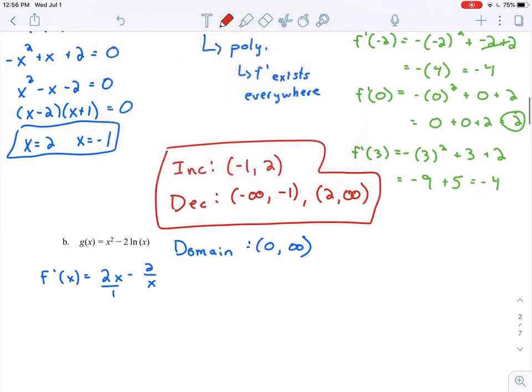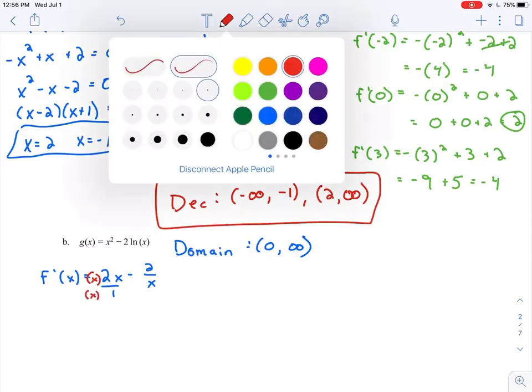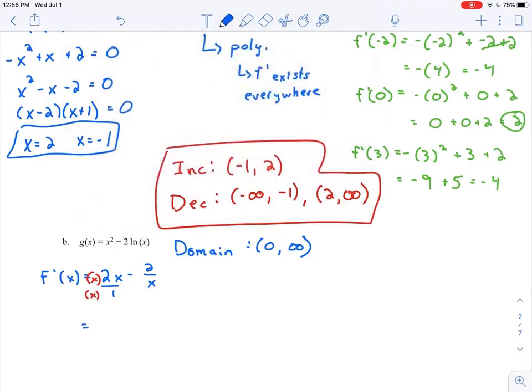I'm going to multiply that left-hand term by x over x. And that'll give me 2x squared over x minus 2 over x, which gives me 2x squared minus 2 divided by x. And I think that this makes the derivative a lot easier to work with going forward.